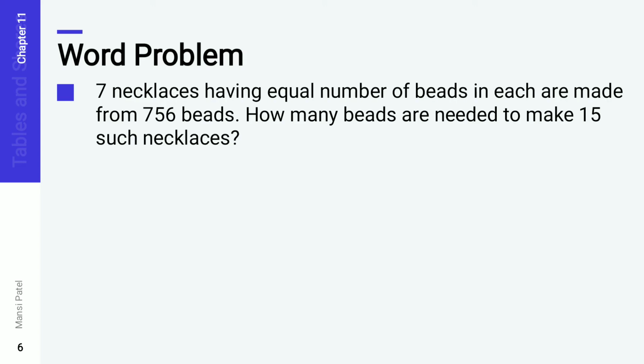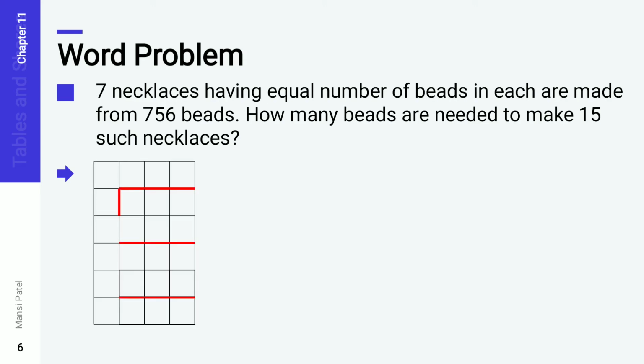Okay. So here first you get what you want to do. Yes, you want to do the division first. Division of what? 756 divided by 7. If you do the division of 756 by 7, then you get some number. That number is the number of beads for one necklace. So let us see. 756 divided by 7. 7 ones are 7. 7 minus 7, 0.